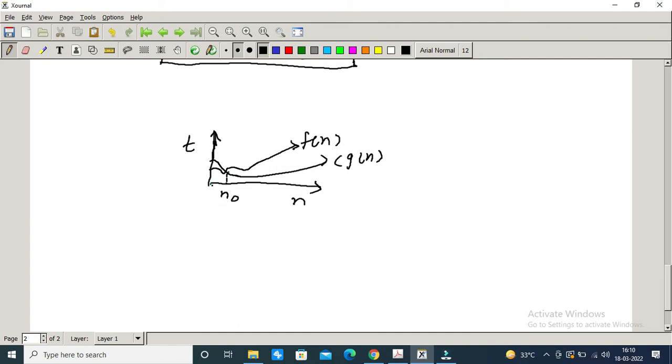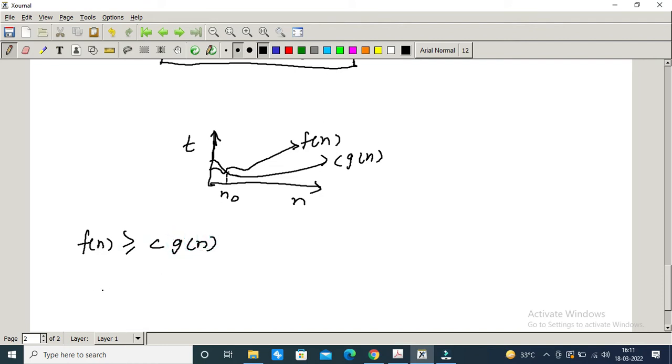So the definition is the same, f(n) and g(n) are two positive functions such that, because c g(n) is denoting the lower bound, f(n) is greater than or equal to c g(n).